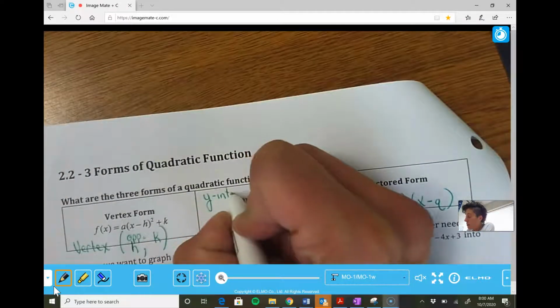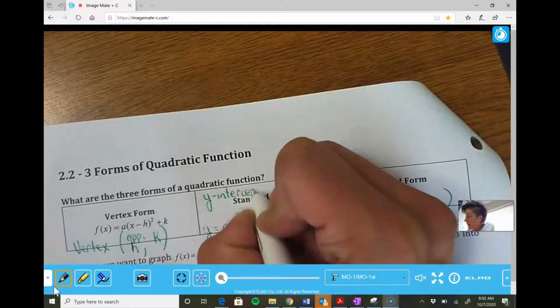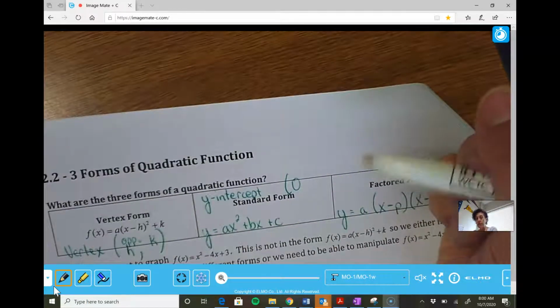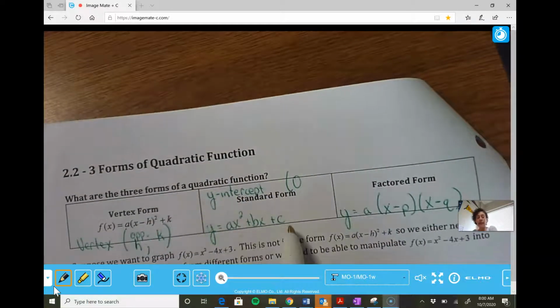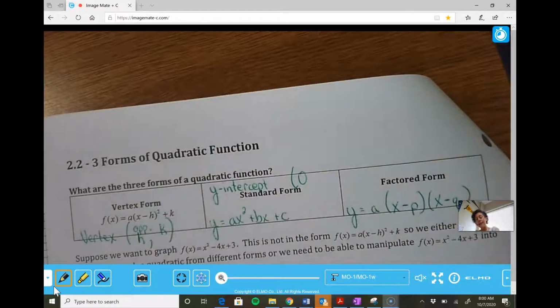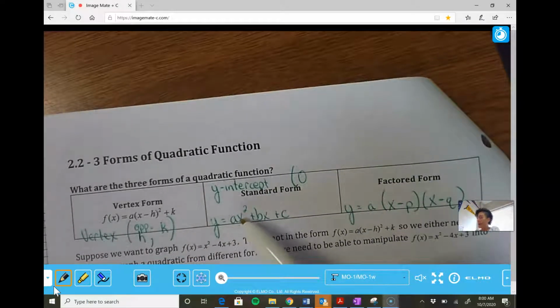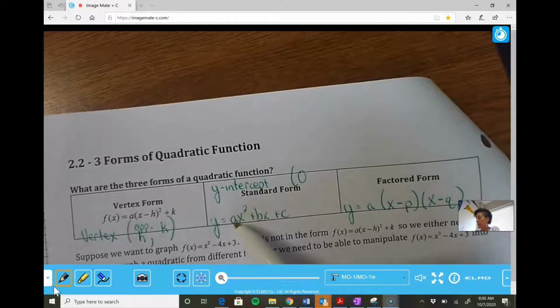Standard form tells you the y-intercept. And what all y-intercepts have in common is that your x value is 0. And just by looking at this, without any math, I can see the y-intercept. Because if I do put 0 in for x, and I follow my order of operations, 0 squared is 0, 0 times a is 0. So this term turns to 0.